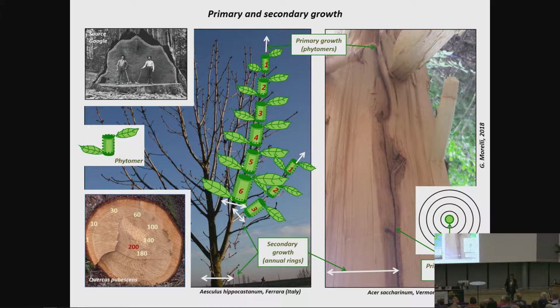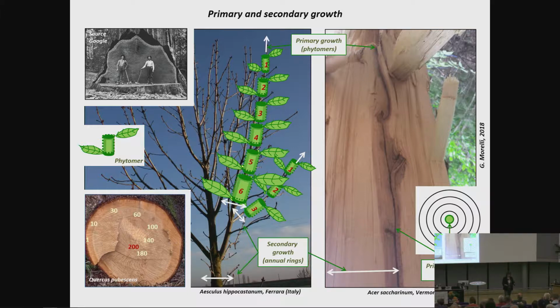And first, talking about modularity, we can say that the primary growth is the first level of modularity, because phytomeres can represent the first level of modularity. So in the primary growth, you have the adding of phytomeres for the elongation of a part of a tree.